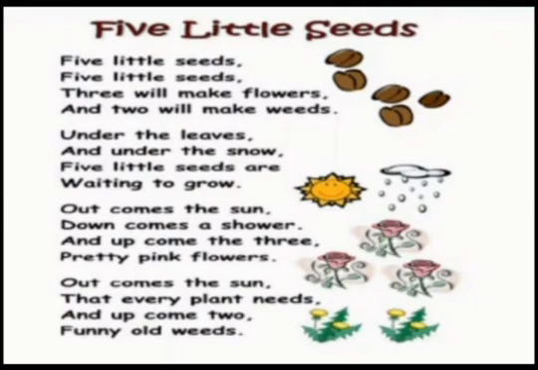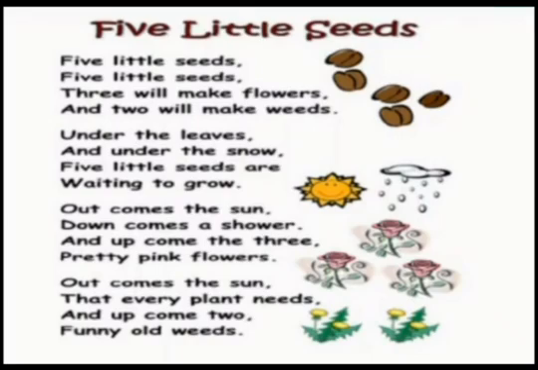Five Little Seeds. The name of the poet is not given, so we say that the poem is written by anonymous. Five little seeds. Five little seeds. Five little seeds. Three will make flowers and two will make weeds.